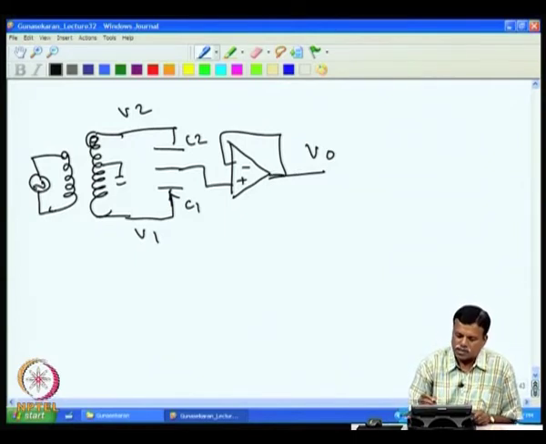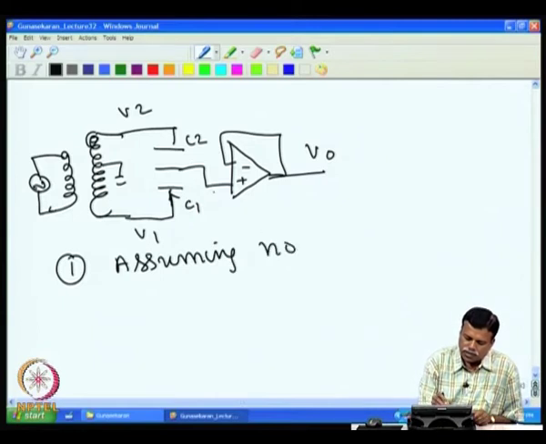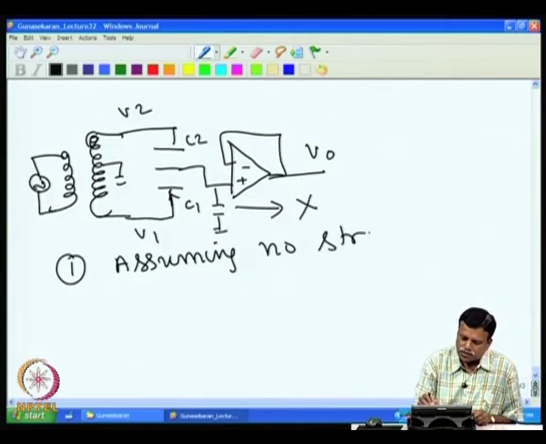Assume there is no stray capacitance effect as a first assumption. So, one assumption is that there is no stray capacitance present at the input of the op amp, that is this is 0.